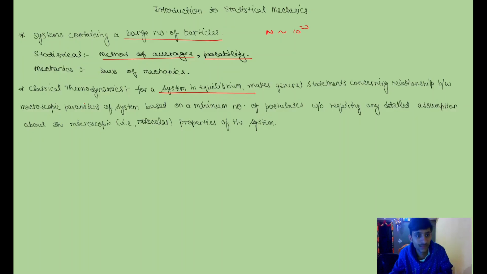What classical thermodynamics was doing was making general statements concerning the relationship between macroscopic parameters of the system, just like temperature, based on the minimum number of postulates and without requiring any detailed assumption about the microscopic properties of the system.